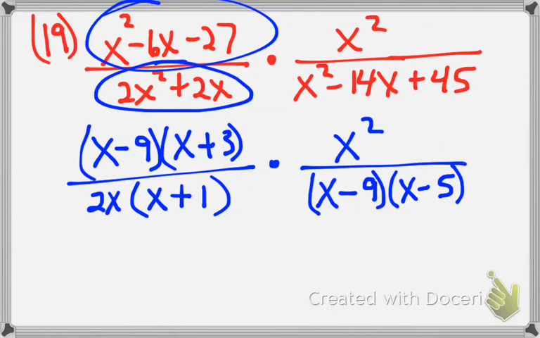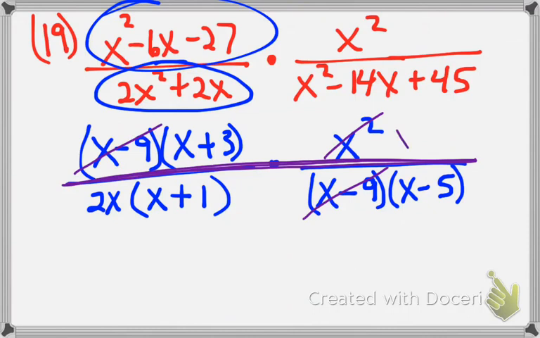Keep, change, flip, then factor it all out. Then remember, anything in the numerator cancels with anything in the denominator. And I see x minus 9 cancels. It might seem like that's the only thing, but I see one more thing that can cancel. Remember that x squared is the same thing as x times x. So if we change it to x times x, do you see there's an x down here that will cancel with an x up here?